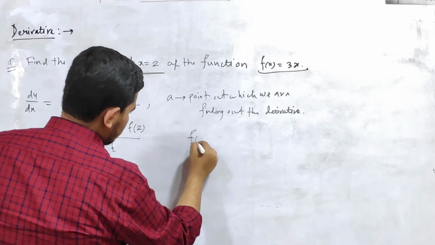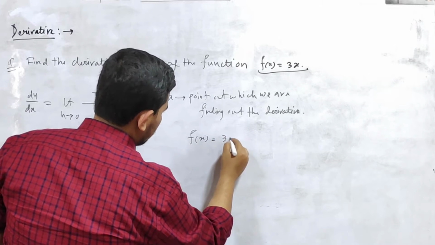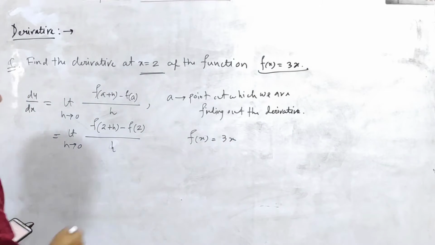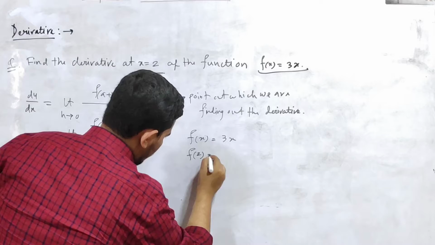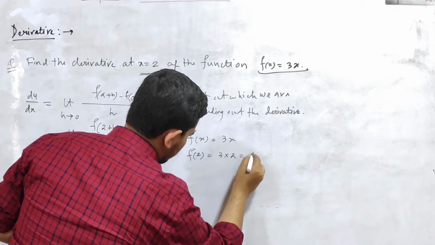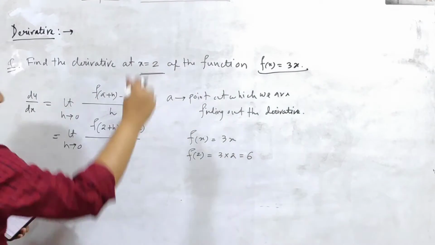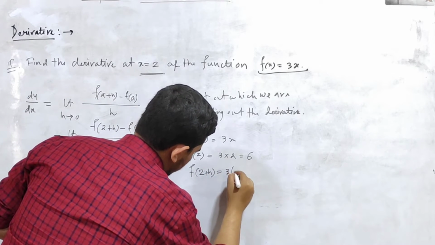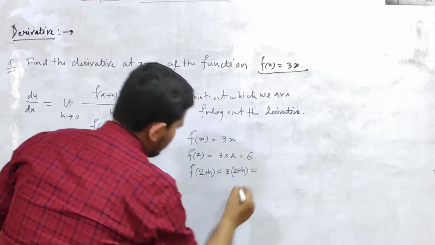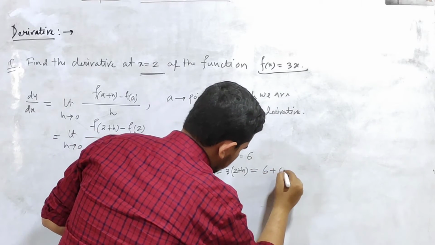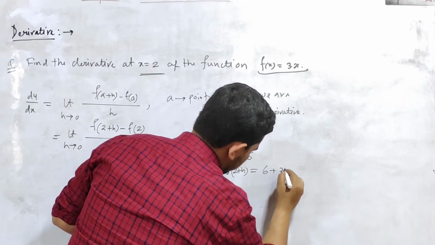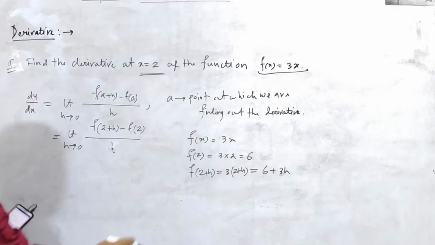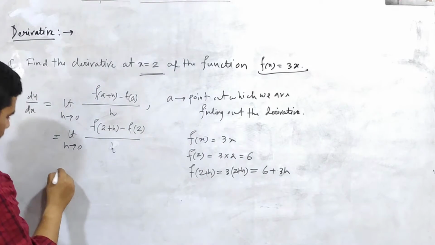Here f(x) equal to 3x. So if I write f of 2, this will be 3 into 2, which is 6. And again I can write f of 2 plus h, which is 3 into 2 plus h, which I can write as 6 plus 3h. So now I am going to substitute these values in this expression.